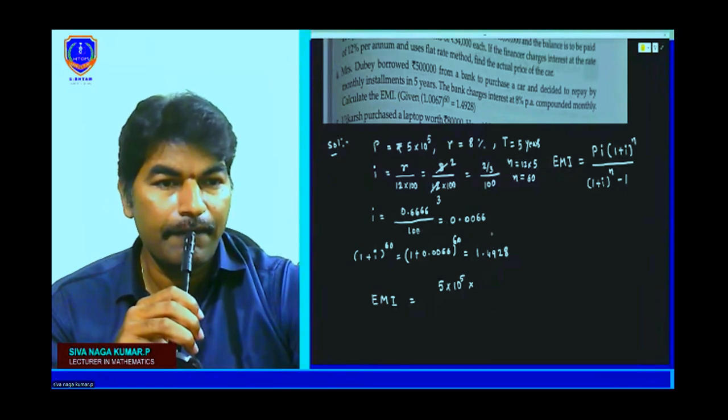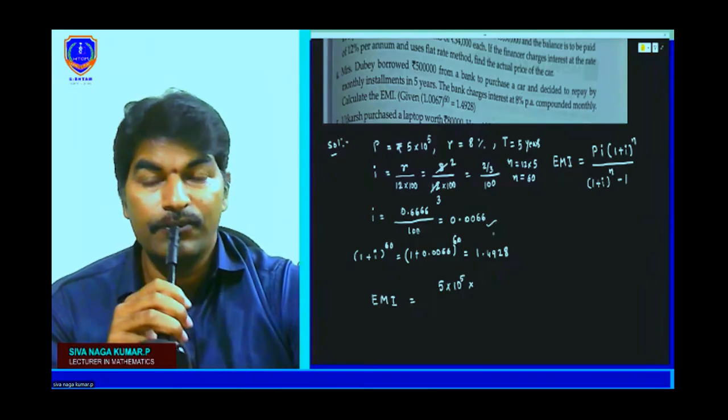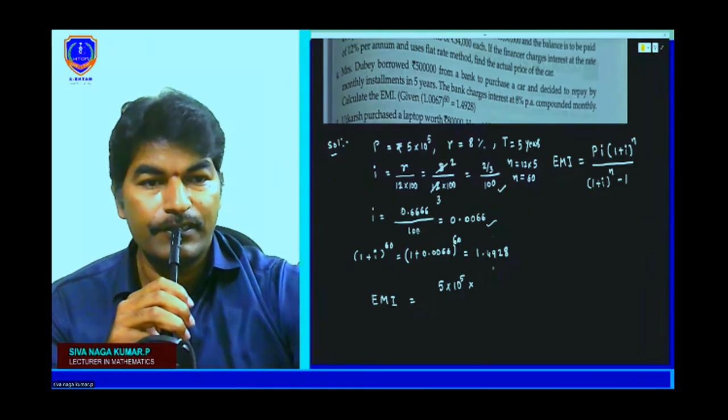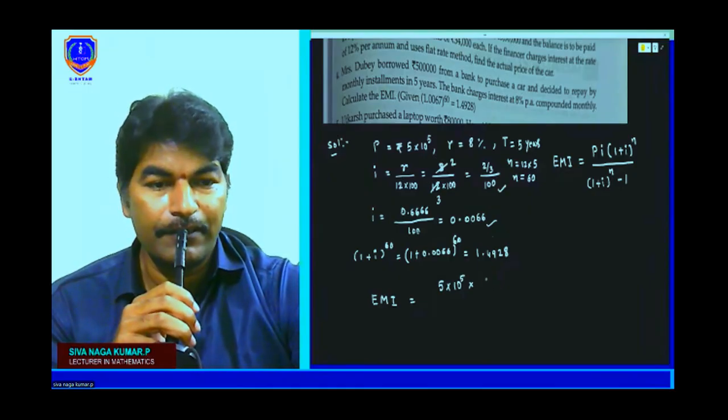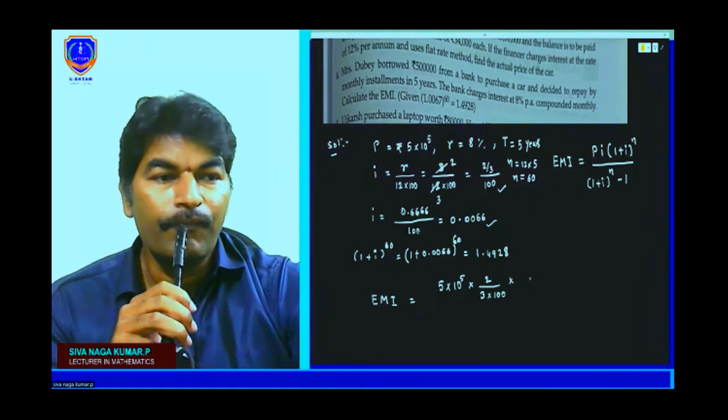Can I take 2 by 3 by 100? That's better, right? If you substitute otherwise, you need some more calculations. That's why I'm taking the earlier step, which is 2 by 3 by 100, for easier calculations. That is what i is. Okay, understood.